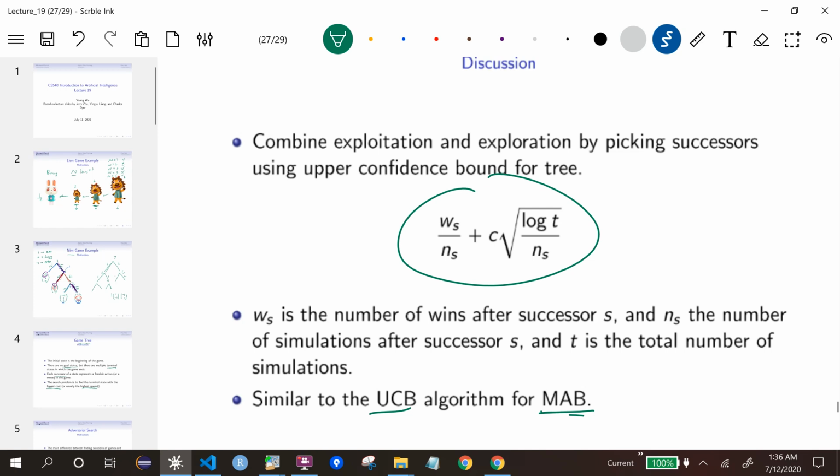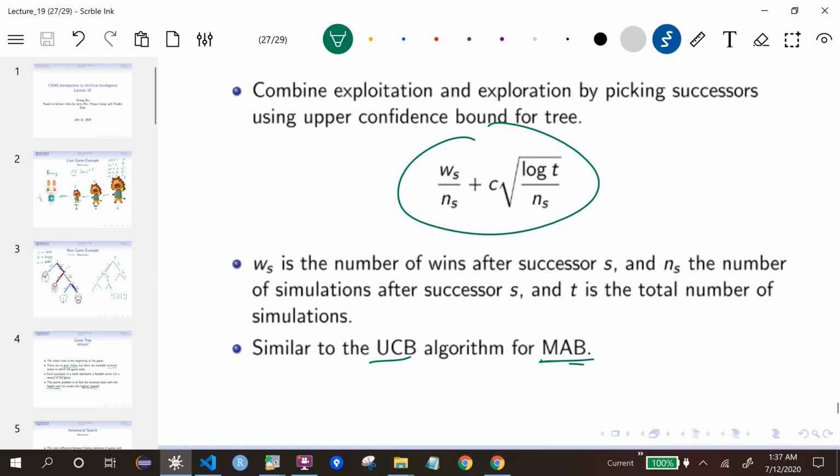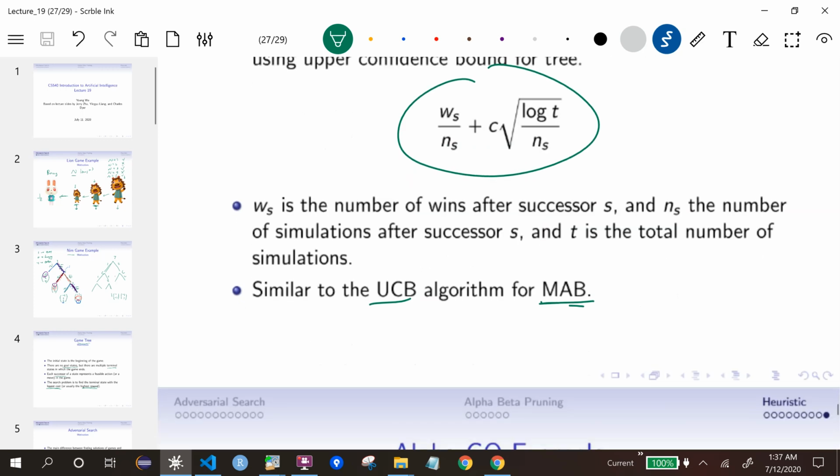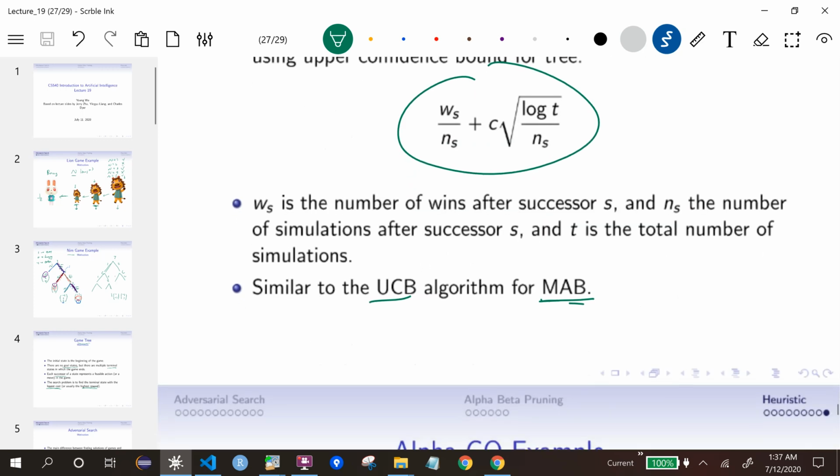When I record the reinforcement learning lecture, I'll go back to this and talk about it again. The main idea you need to know is that we combine exploration, trying new stuff and unvisited nodes, and exploitation, going through the branches that are more likely to lead me to winning.